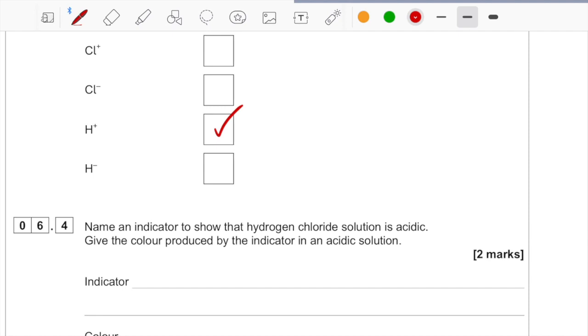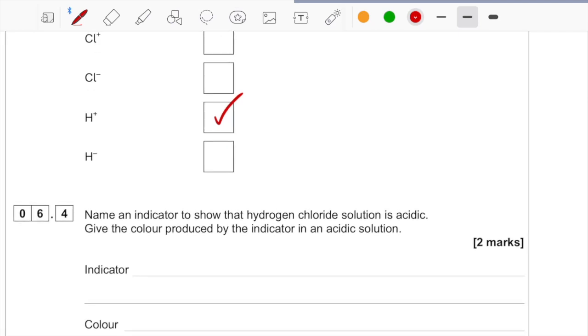Give an indicator to show that hydrogen chloride solution is acidic. So we only use one indicator in our GCSE, and that is called universal indicator. And we have to say what colour it would be in an acidic solution. The way that indicator works is it follows the colours of the rainbow.